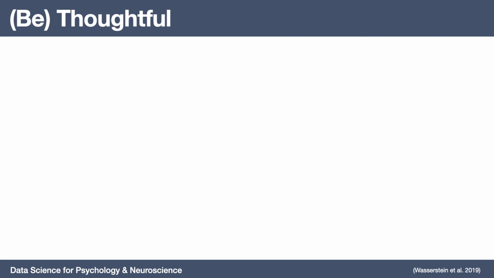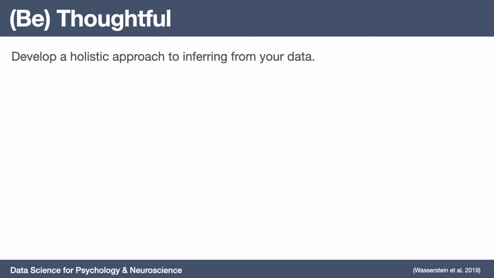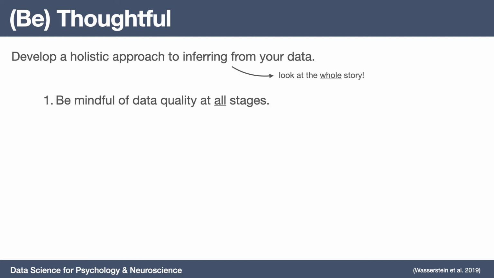Along with accepting uncertainty, you want to be thoughtful about your data. You want to develop a holistic approach to inferring your data, not just relying on that single test statistic. Look at the whole story. You want to be mindful of the data quality at all stages. This is why earlier lectures focused on tidy data organization and data cleansing steps.